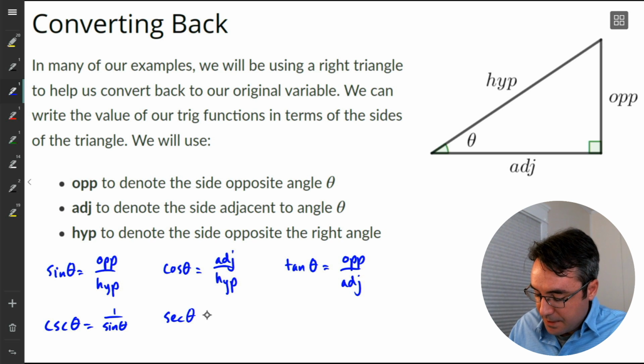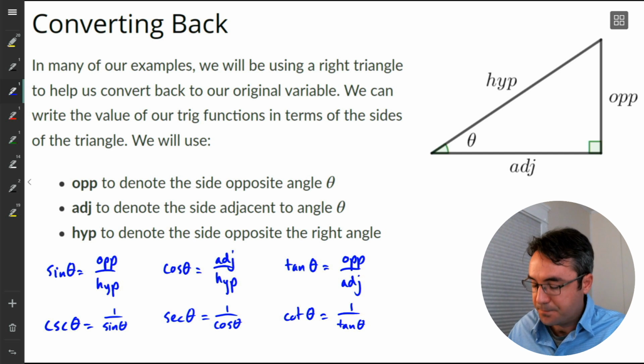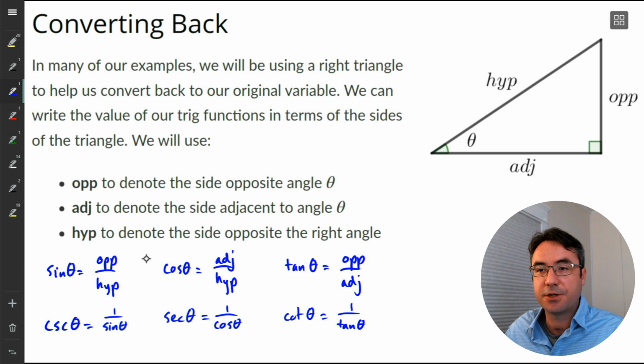Secant is the reciprocal, it's 1 over cosine theta. And cotangent theta is 1 over tangent theta. So if you can remember sine, cosine, and tangent in terms of the sides of the triangle, and you can remember cosecant, secant, and cotangent in terms of sine, cosine, and tangent, well then you can figure out what the formula is for cosecant, say, or for secant in terms of the adjacent and hypotenuse.